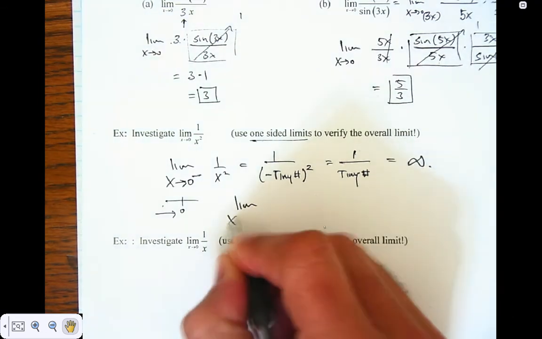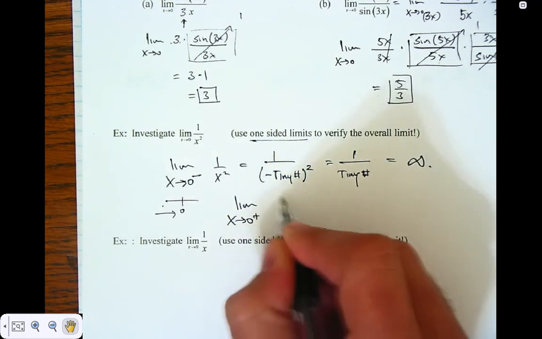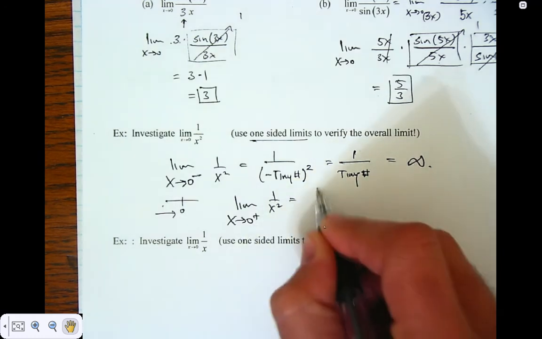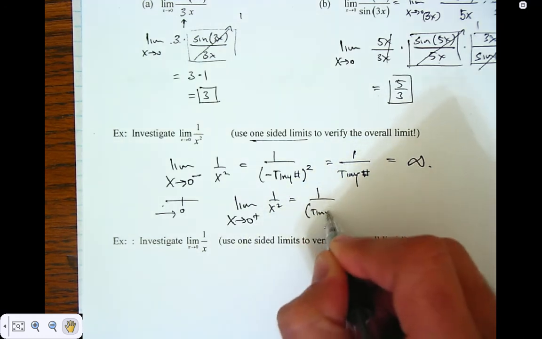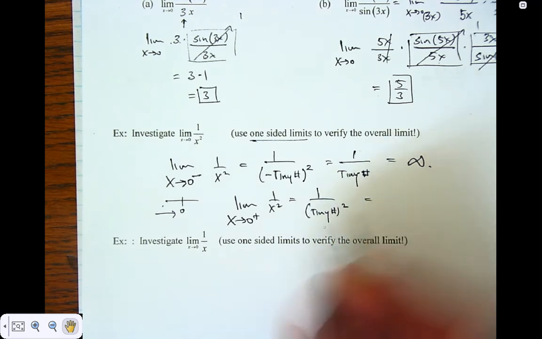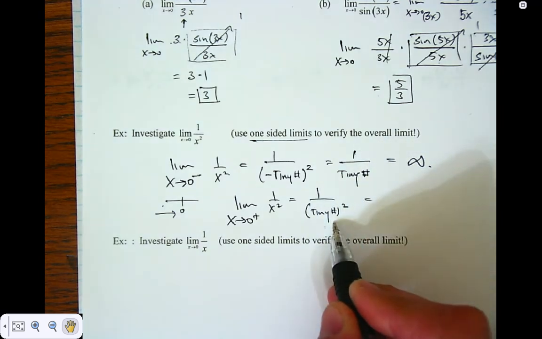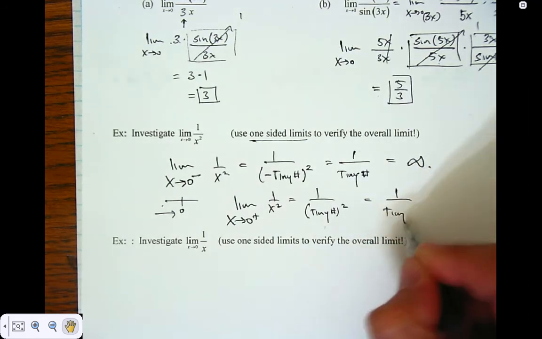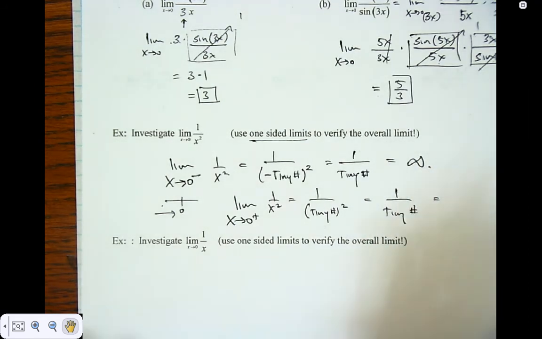Now let's take the limit as x gets close to 0 from the right. Well, what's going on here? I'm plugging in a positive tiny number. So I'm plugging in a tiny number in my brain, I'm squaring it, and what happens when you have a tiny number like 0.1 squared? It gets smaller. So you end up with 1 over a tiny number. And what is 1 divided by a tiny number?